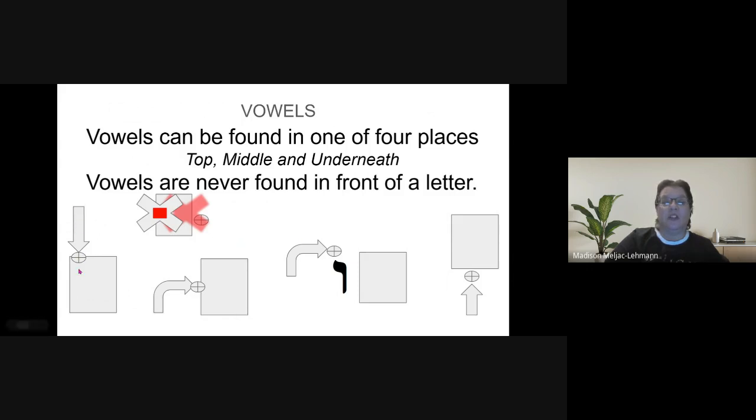Look at this one where the arrow is at the very right. You might find a mark at the very beginning of the inside, the right of the letter, and that's not a vowel. That's something to teach you how to say it, or some kind of accent, which we'll learn way down the line. So that's why I'm making sure that they're never found on the inside, and they're never found on that immediate right side either.